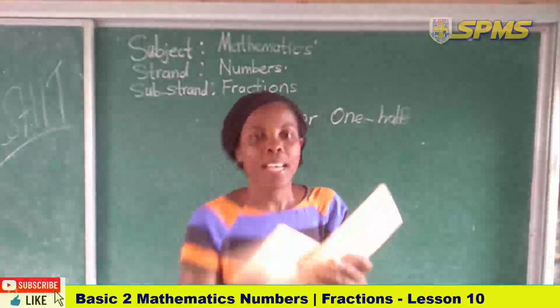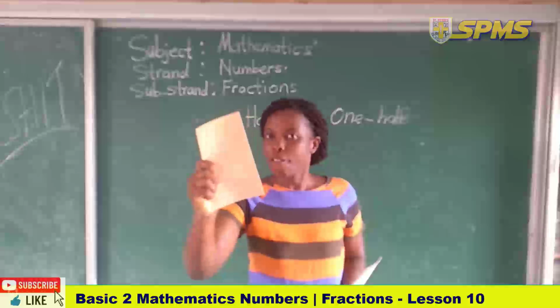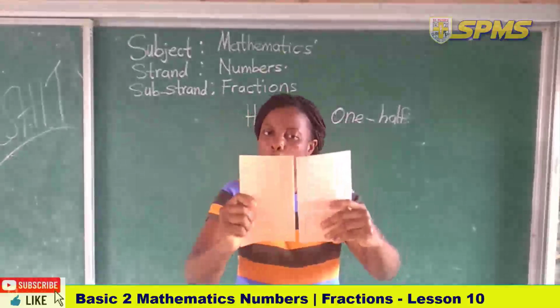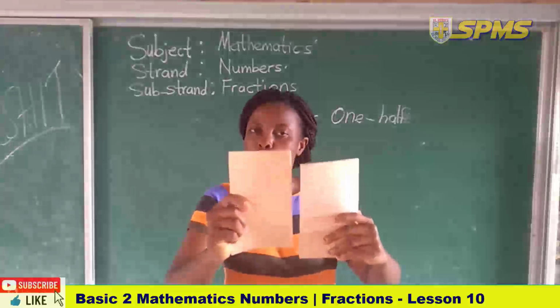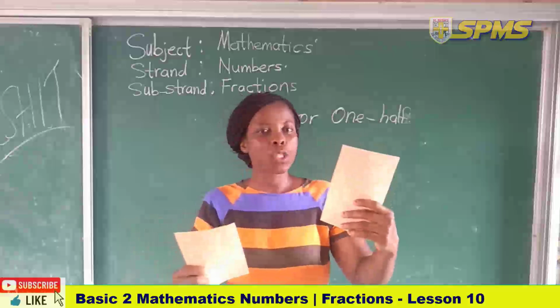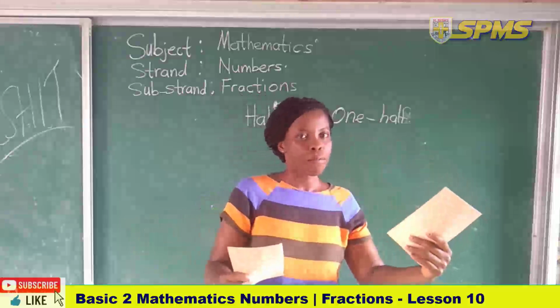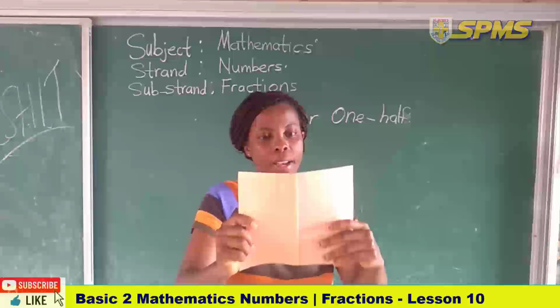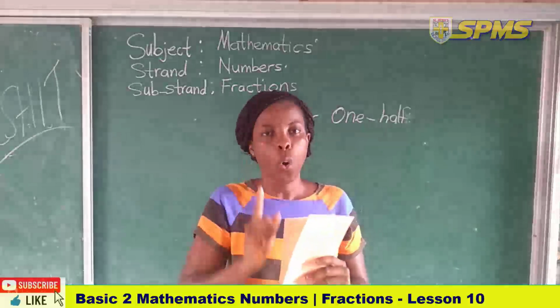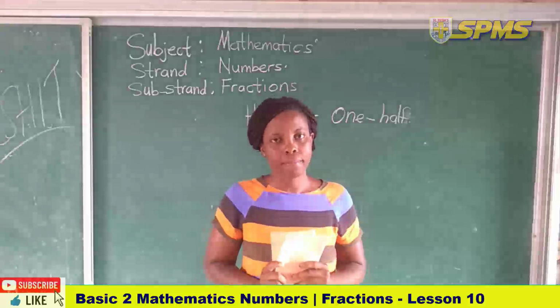So this part is half, this part is another half from the whole. You call this part 1/2, and the other part 1/2. When they come together, they give you a whole.